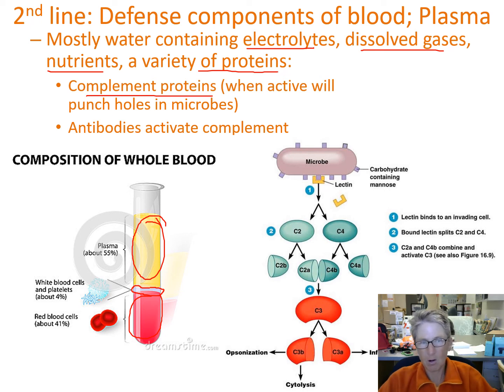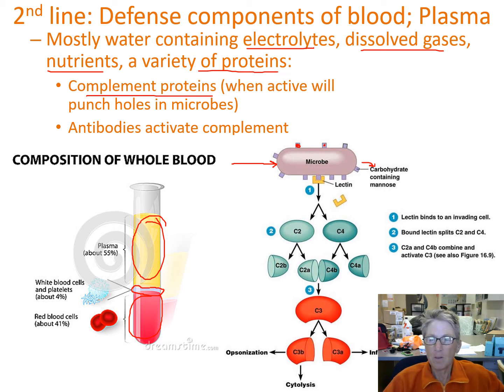So let's look at that cartoon for complement proteins. Here's our villain, the microbe, and it's got a lot of things sticking out of its cell wall and plasma membrane, but in this cartoon it's got these purple boxes, and it says that these purple boxes are carbohydrate that contain this sugar mannose.